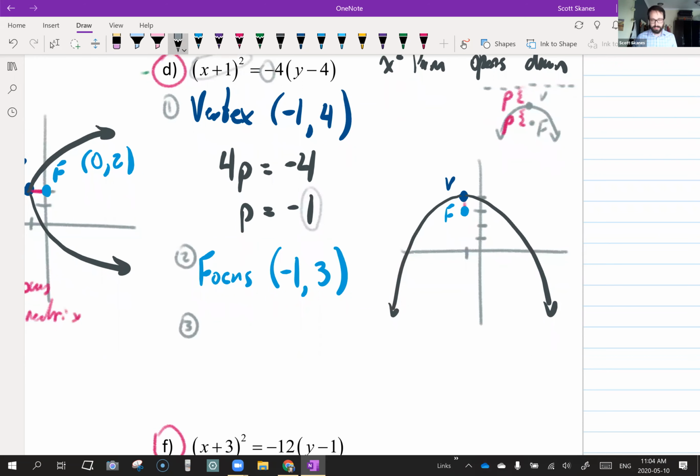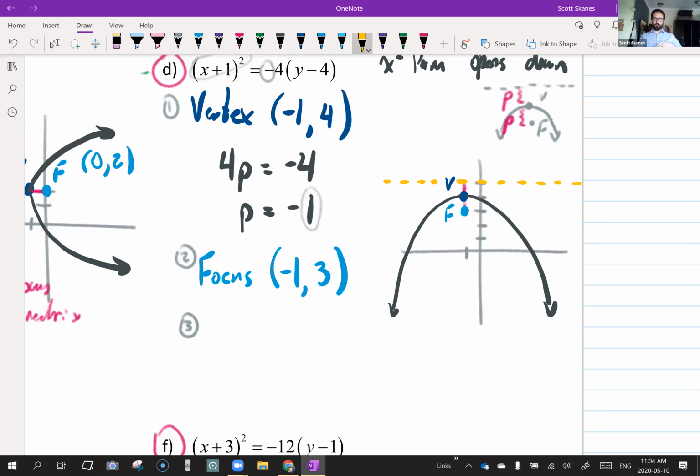Third step, what's the last step? Directrix. The directrix is on the other side of the vertex. You just go up by P instead of down by P. And so that must be at 1, 2, 3, 4, 5, up. The directrix looks like this, and you should use a ruler for this. I'm just trying to do it quickly.